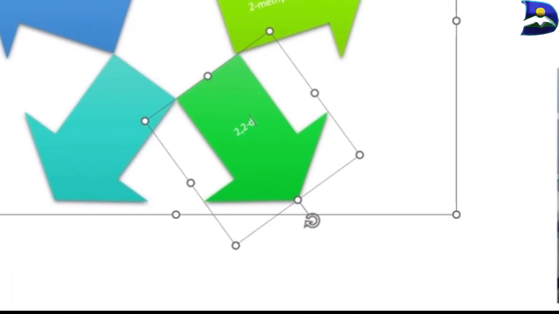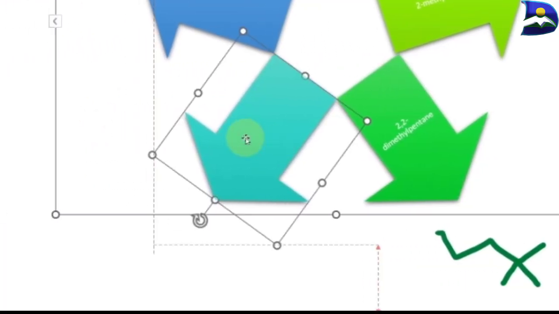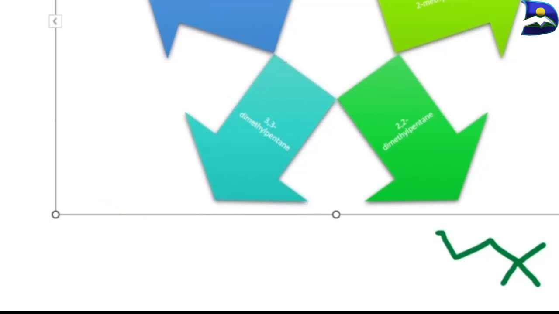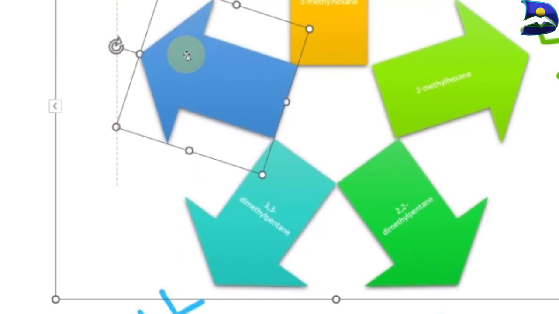2,2-dimethyl pentane, and we have the longest continuous chain to be 5 carbon atoms, and on position 2 we have 2 methyl groups that are attached to that second carbon. And this is going to be followed by 3,3-dimethyl pentane, where on our 5 carbon continuous chain we have on our third position 2 methyl groups that are attached to that carbon.